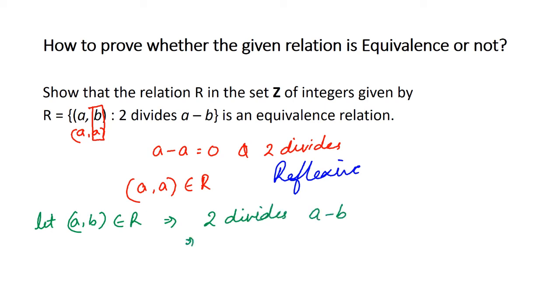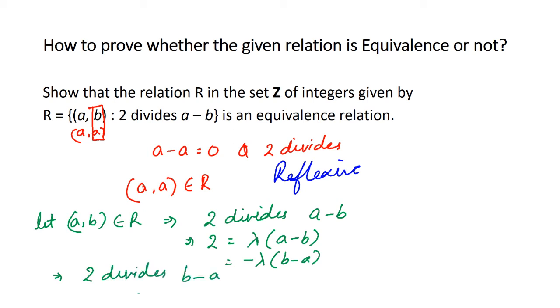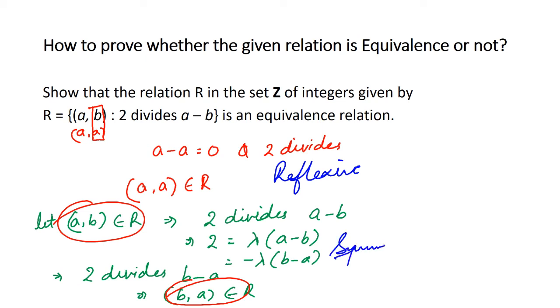I can also write that a minus b is equal to 2 times lambda, which can be written as 2 times minus lambda times b minus a, which means 2 divides b minus a also. Hence (b, a) belongs to the given relation. So for every (a, b) belonging to this relation, (b, a) also belongs to the given relation. Hence the relation is symmetric.